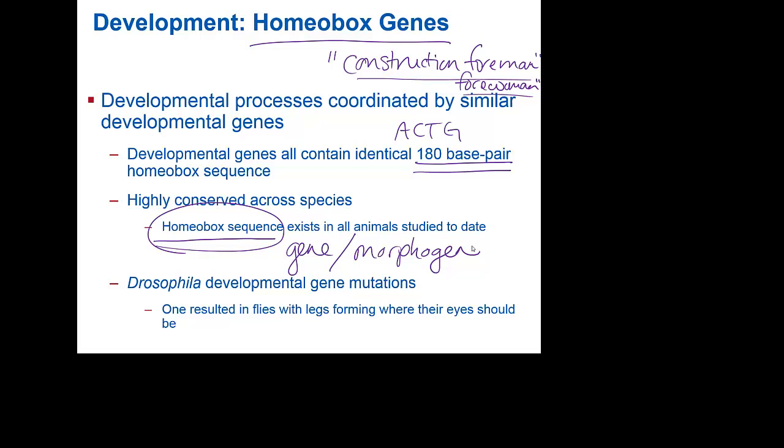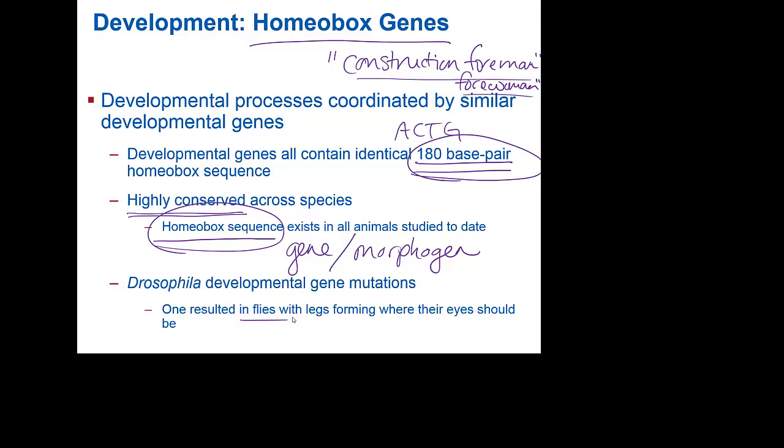The interesting part of homeobox genes is that I have here that they're highly conserved. Now, we haven't talked a lot about genetics yet, so knowing that something is highly conserved probably doesn't tell you much. But when I say highly conserved, I mean that I can look at the exact same 180 base pairs in you. I can look at them in a fruit fly. I can look at them in an elephant.